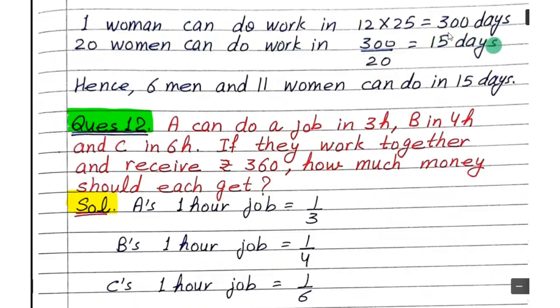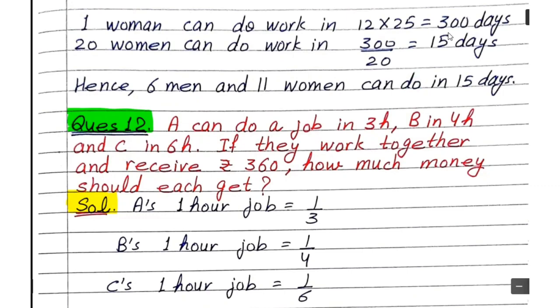Now, children, what is 20 women? 20 women is basically 6 men plus 11 women's work. So that means 6 men plus 11 women can complete the work in 15 days.